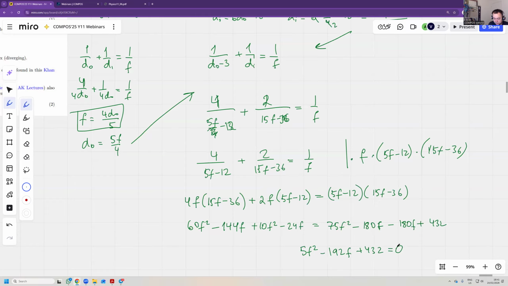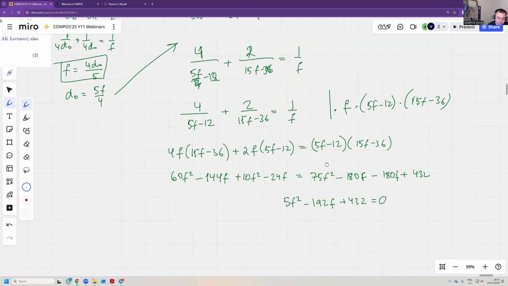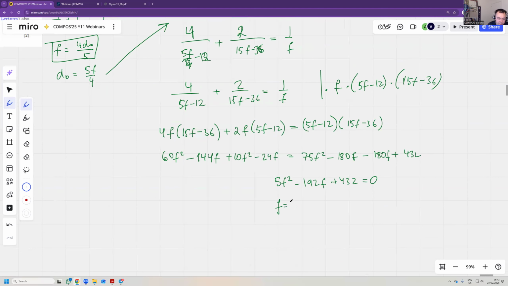And now we just solve a quadratic equation. 5, minus 192, 432. And f is either 36 or 12 over 5, so 2.4 centimeters.